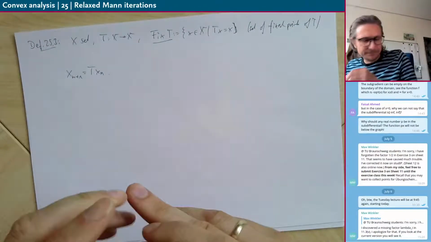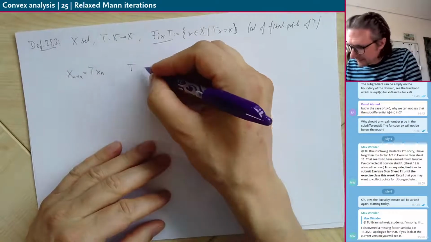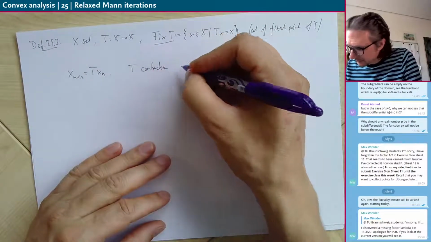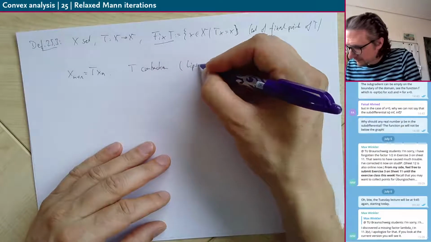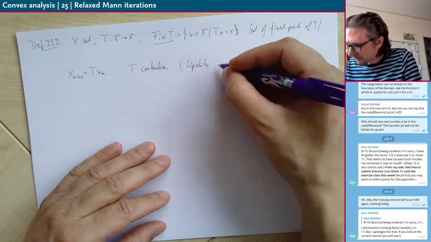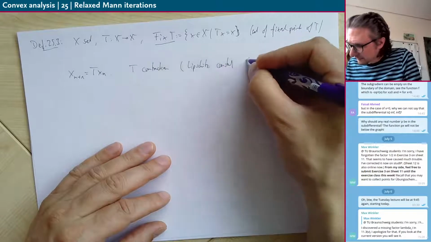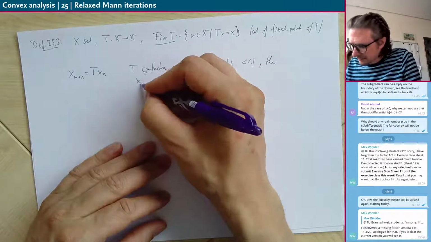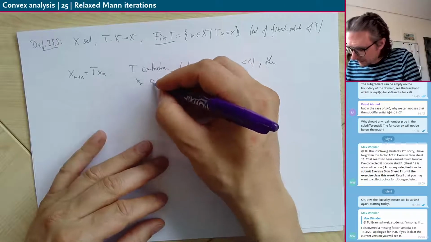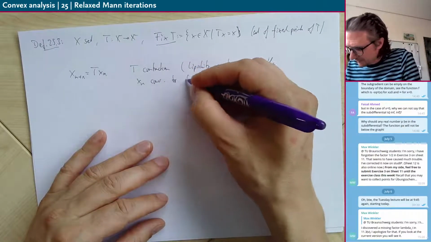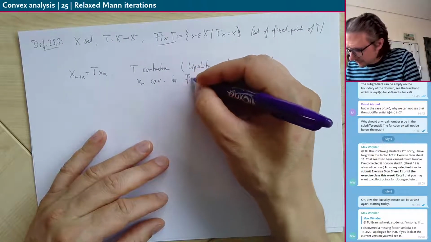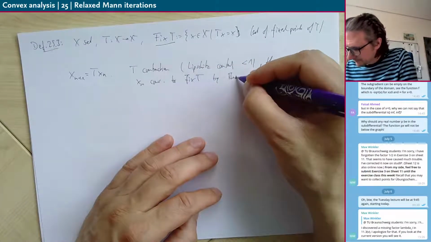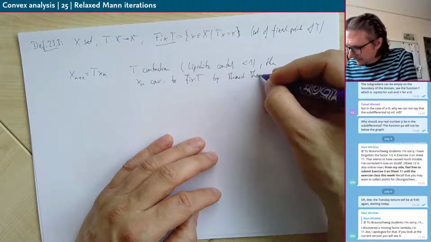Okay, what you know is, so if T is a contraction, so Lipschitz constant smaller than 1, then x_n converges to a fixed point by Banach's theorem.